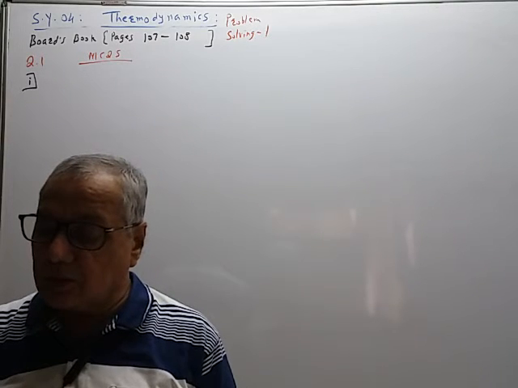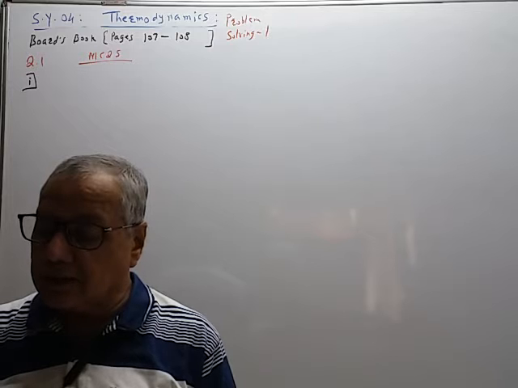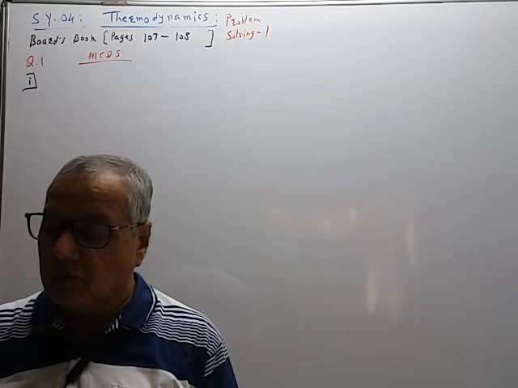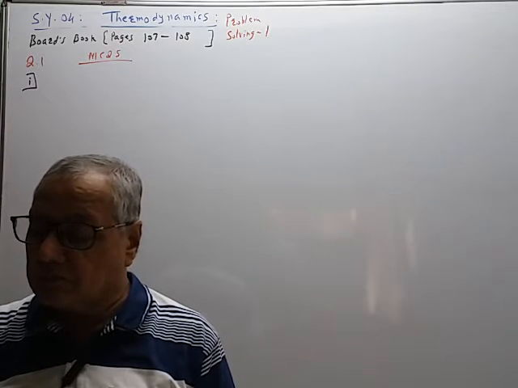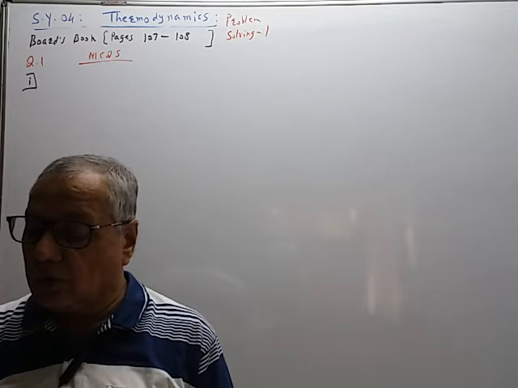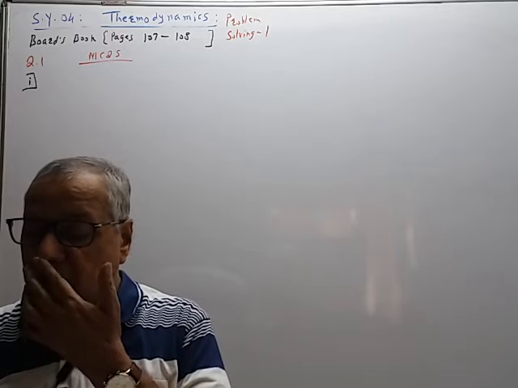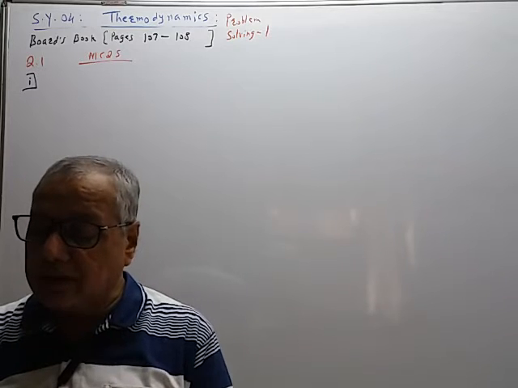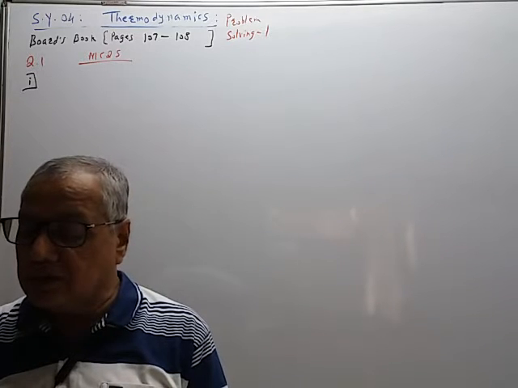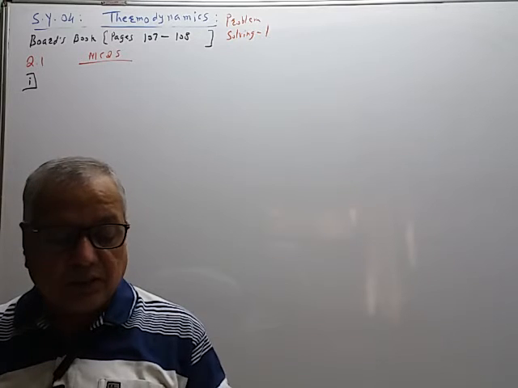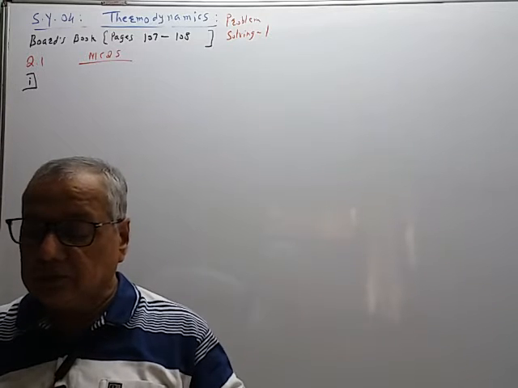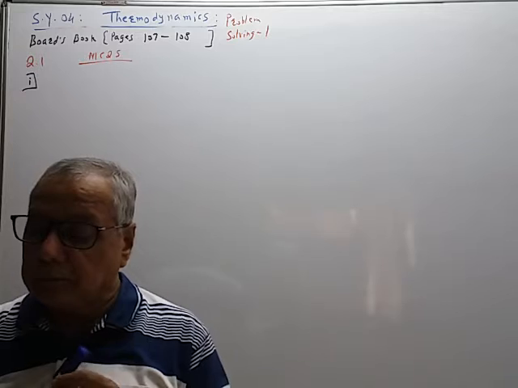A gas in a closed container is heated with 10 joule of energy, Q, causing the lid of the container to rise 2 meter with a 3 Newton force. Work done's value is given indirectly. What is the total change in the energy of the system? This delta E is what is asked. So what is the given quantity?